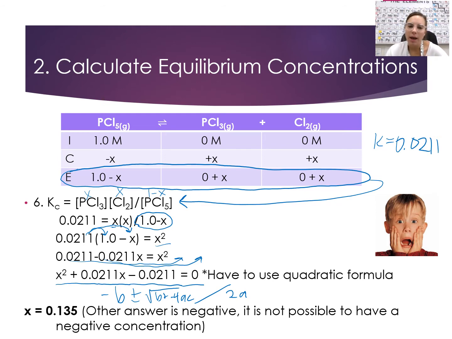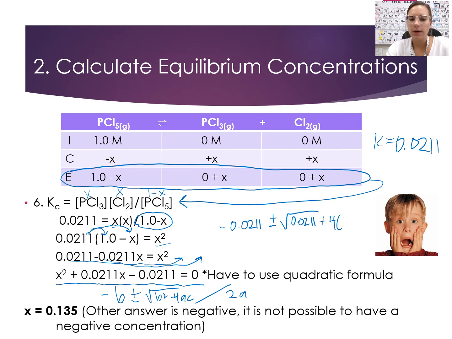So I'm going to plug in all of these values. I have negative 0.0211 plus or minus the square root of 0.0211 squared plus 4 times 1 times 0.0211, all divided by 2 times 1.